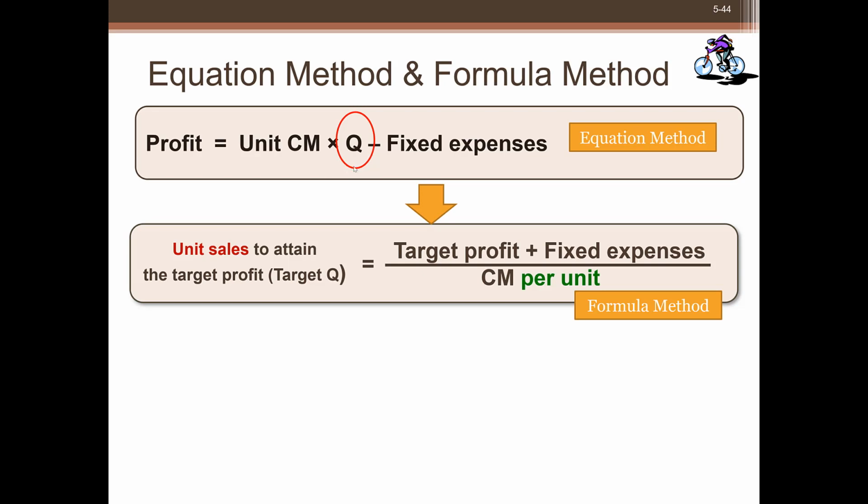We rearrange Q from the right-hand side to the left-hand side to get the unit sales to achieve the target profit. Q equals target profit, here profit is the same, plus fixed expenses, divided by unit contribution margin. This is the formula method.